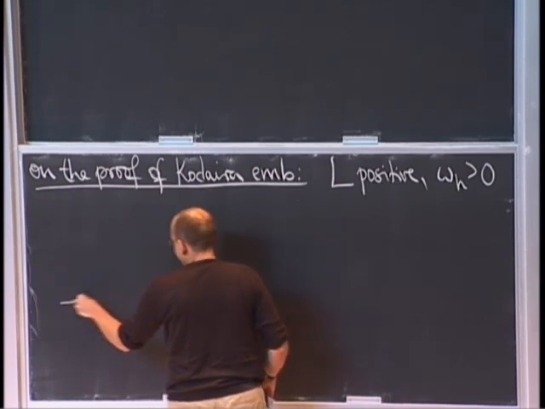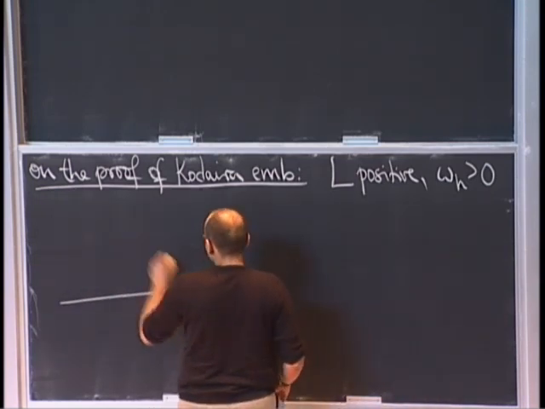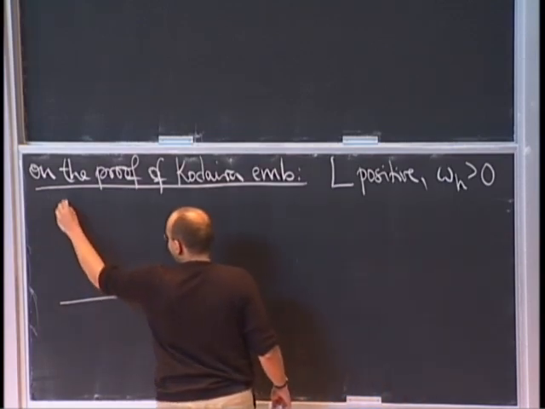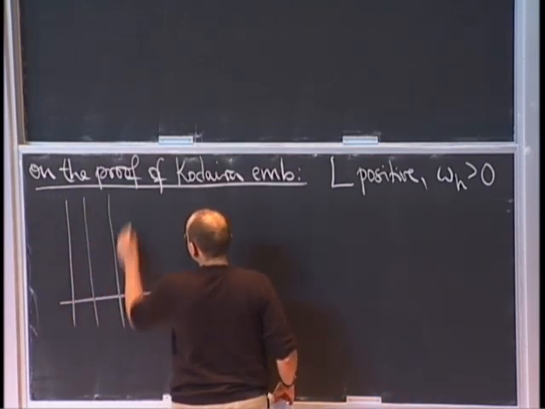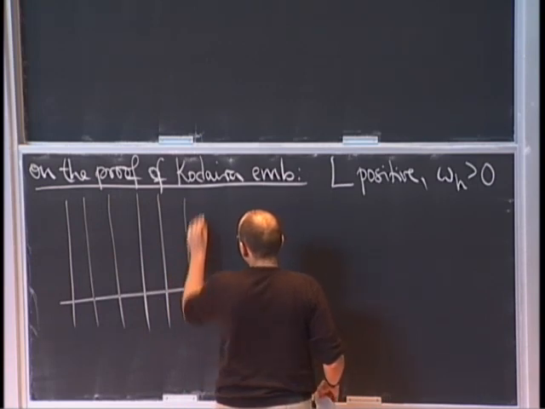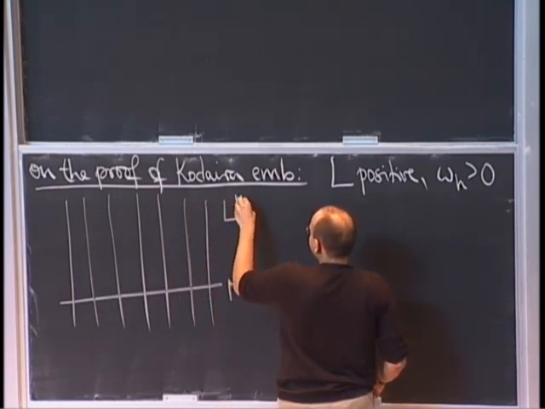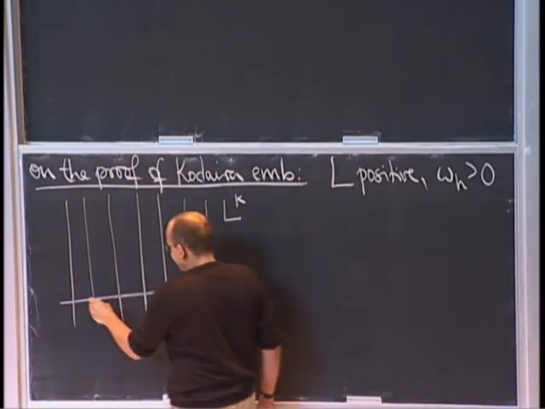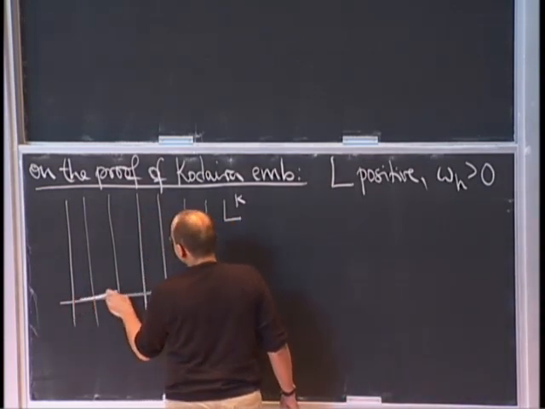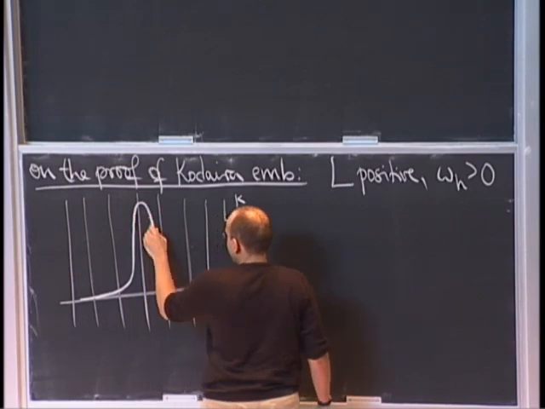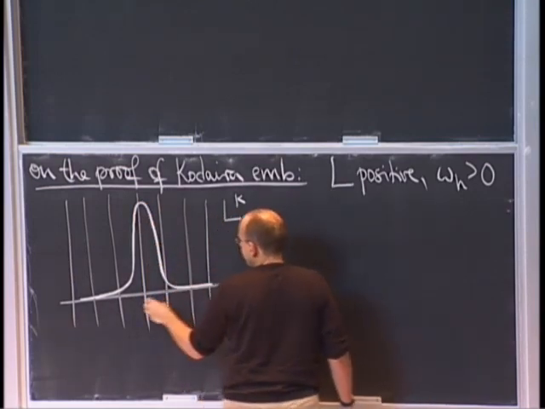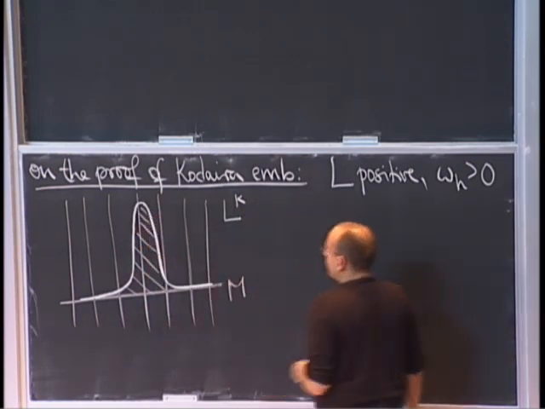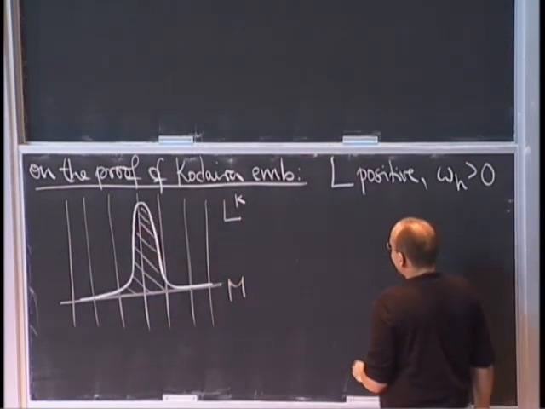What I'll sketch to you is this construction of Gaussian sections. So I have my line bundle raised to some high tensor power, L to the k, where k is very large. Then I have these localized sections of the line bundle.